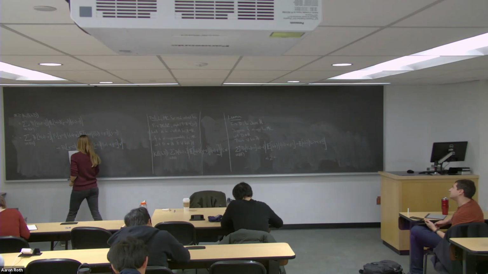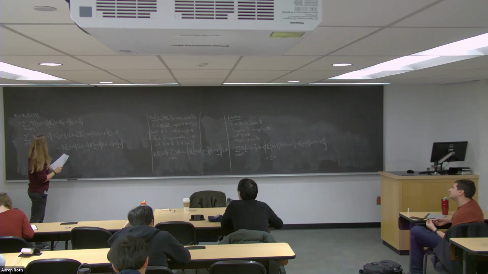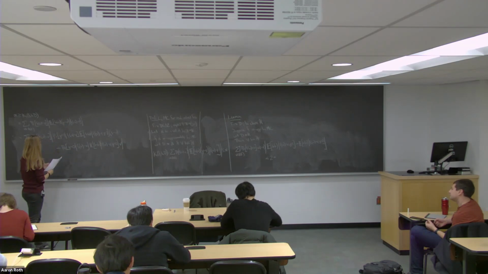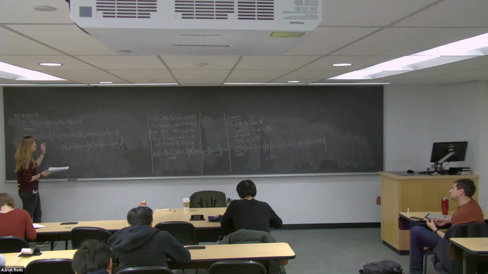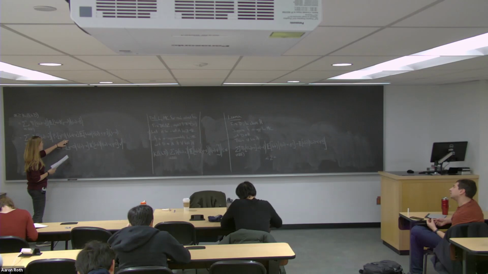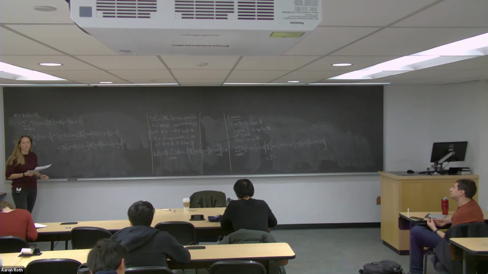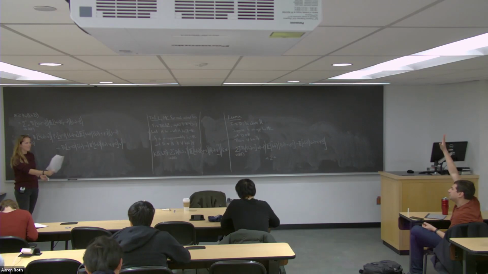Okay, so if it were the case that our predictor was perfectly calibrated, none of this approximate calibration, what would this quantity here be? Yes, exactly.